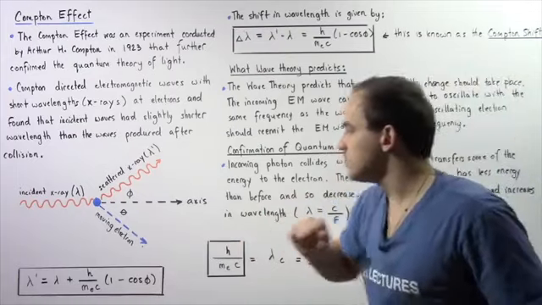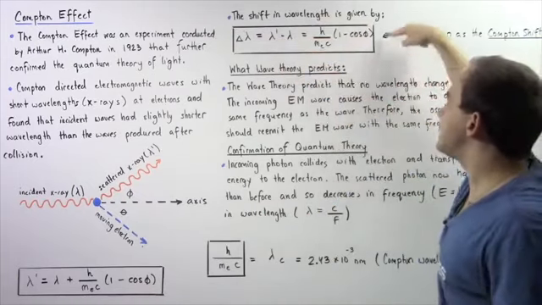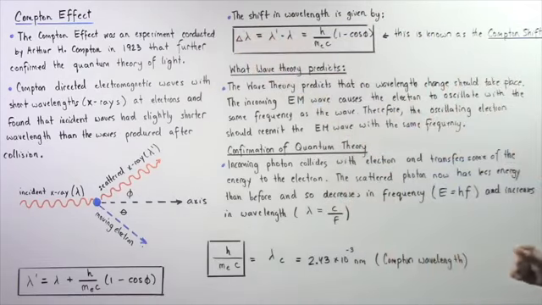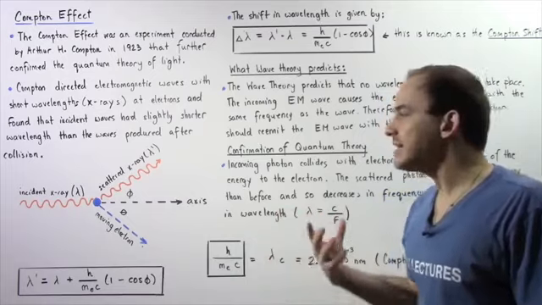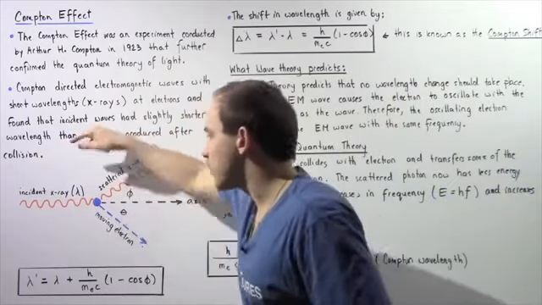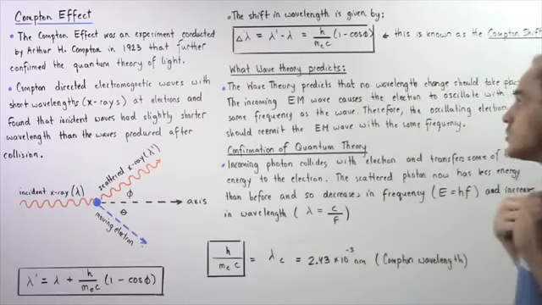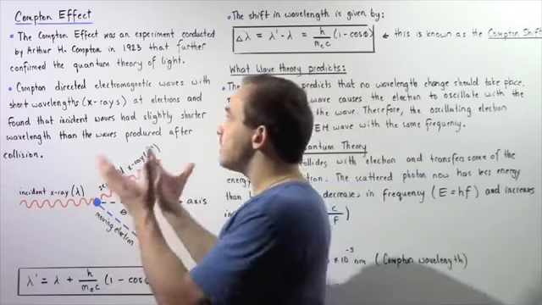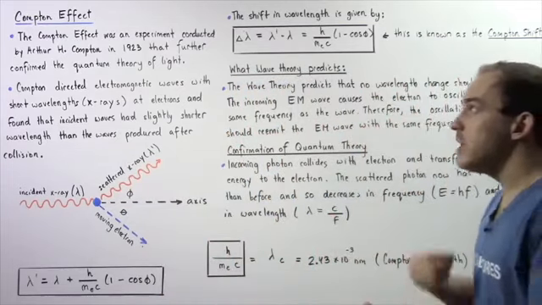If we use this equation and subtract these two quantities, we get the following result. This quantity became known as the Compton shift. It represents the shift or change in wavelength that takes place when the electromagnetic wave hits this electron.